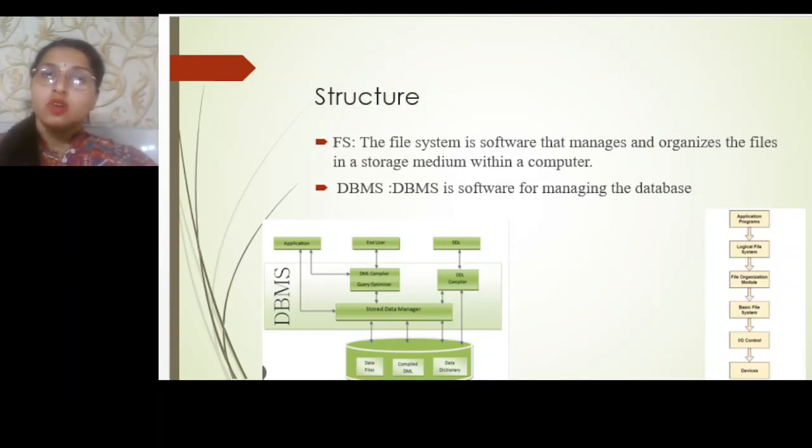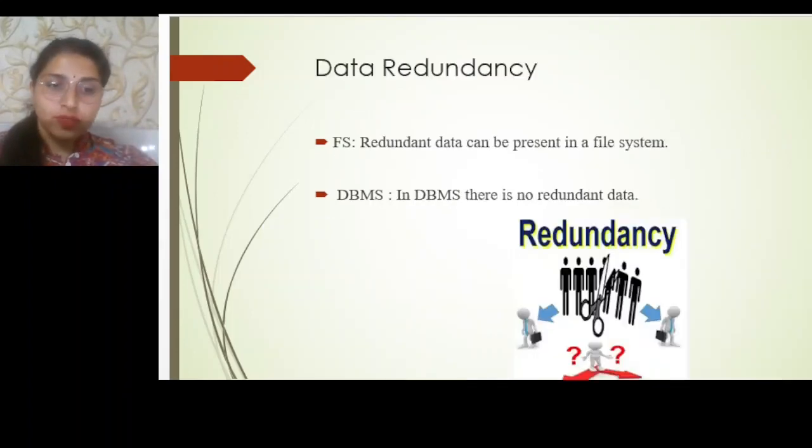The file system is software that manages and organizes files in the storage medium within a computer, whereas the database management system is software for managing your database. So the first difference is based on structure.